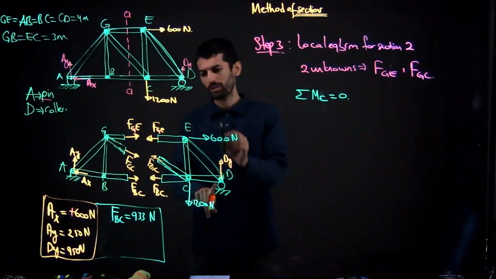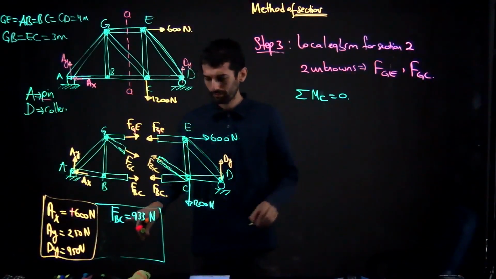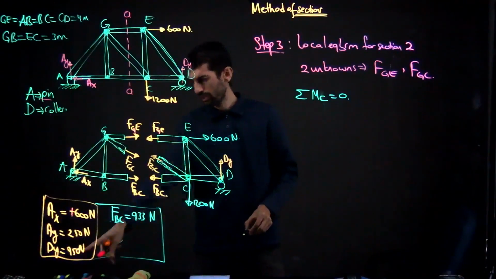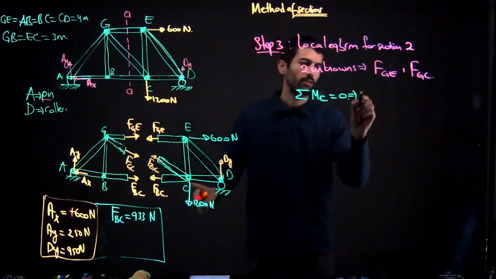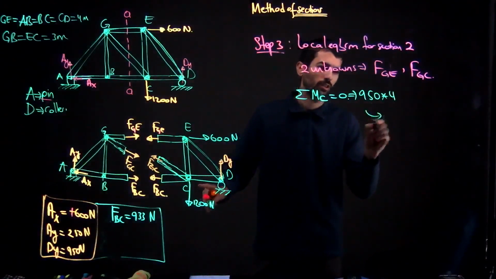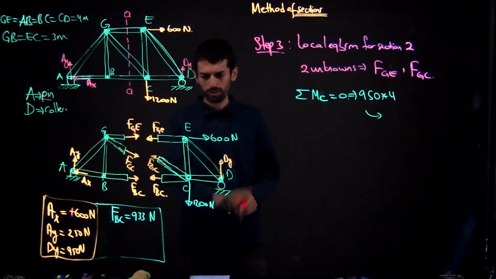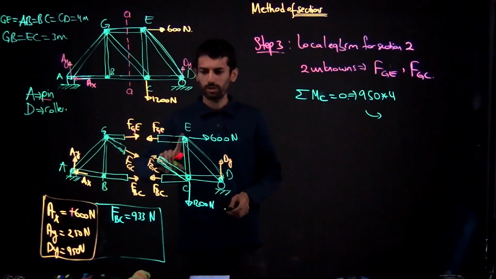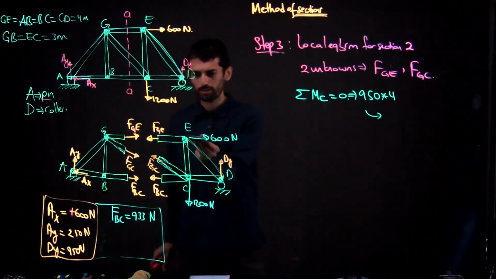DY creates a moment in a counterclockwise direction, 950 newtons with an arm of 4 meters. So it will be 950 times 4, which is a counterclockwise moment. Then 600 creates a clockwise moment with an arm of 3 meters. This is the arm and that's the force.